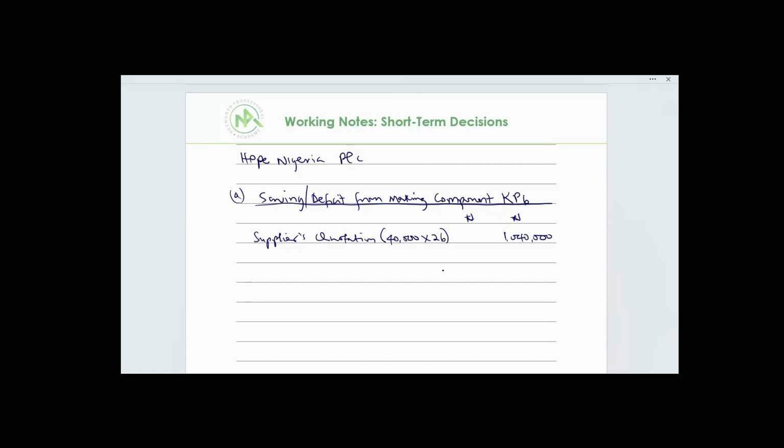I need to compare this with the relevant cost of making component KP6. Remember, from the format given to you, under the relevant cost, you have direct material, direct labor, direct expenses, variable overhead, opportunity cost, specific attributable direct or incremental fixed cost.